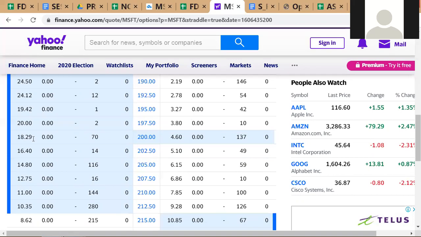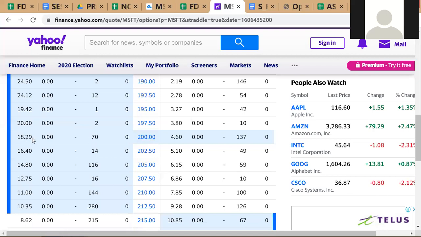Okay, so one contract in options for Microsoft or any of the US equity options, one contract is referring to 100 shares, covering 100 shares. So when you buy one contract, what you have to pay is 18.29 into 100. Okay, so for one options contract, it will cost you, not counting commissions, of course, 1829.